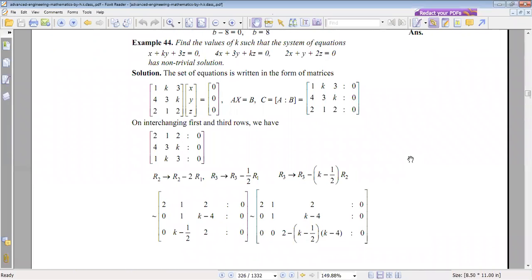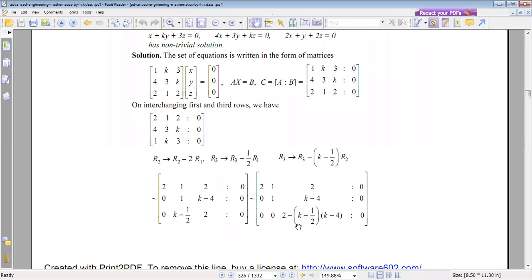Now see here, we have to check whether it has a non-trivial solution. Non-trivial solution means what? Rank of the matrix must be less than the number of unknowns. So how many unknowns are there? 3 unknowns are there. X, Y, and Z are the only unknowns. So this one must be equal to 0.